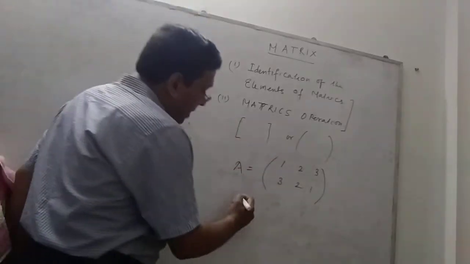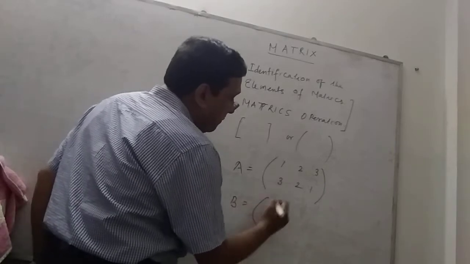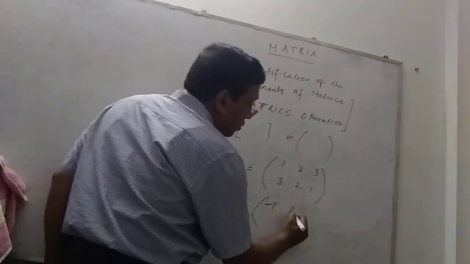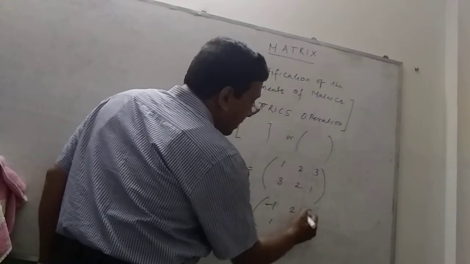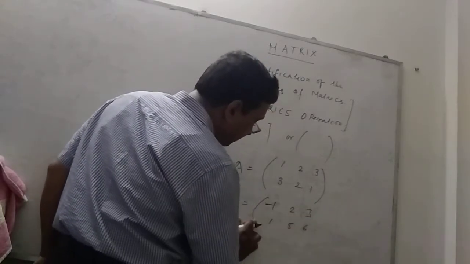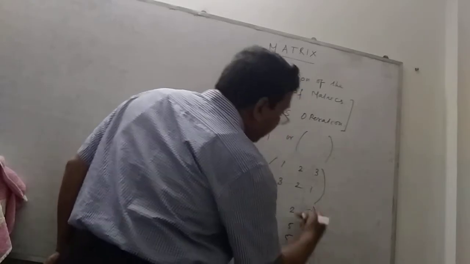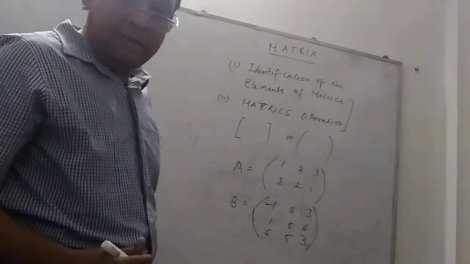We can write another matrix, say minus 1, 2, 3, 1, 5, 6, 6, 5, 3. It is another matrix, say matrix B.